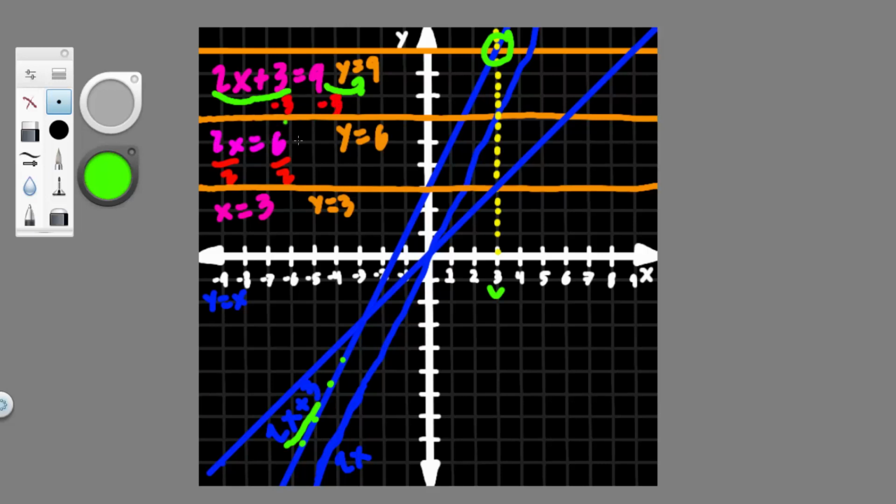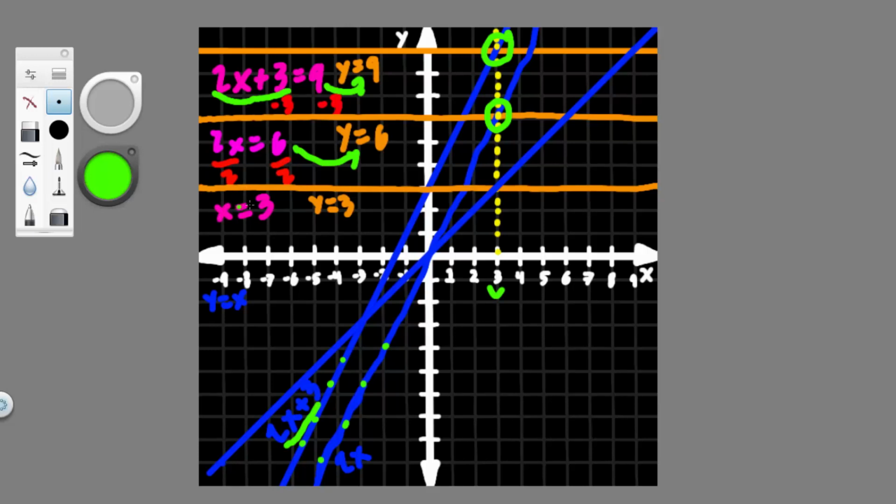If we graph the right side of the equation, that is y equals 6, going straight across: 1, 2, 3, 4, 5, 6. On the left side, we just say y equals 2x. That is this line going up, and both of these lines intersect at x equals 3. To isolate the coefficient from x, we divide both sides by 2.